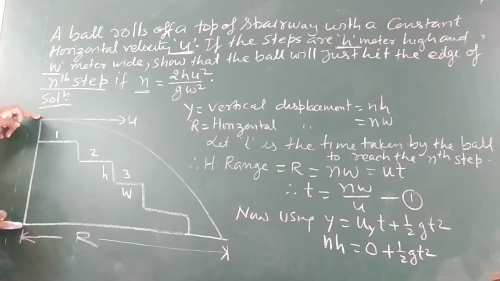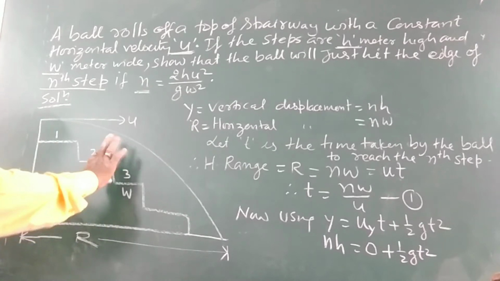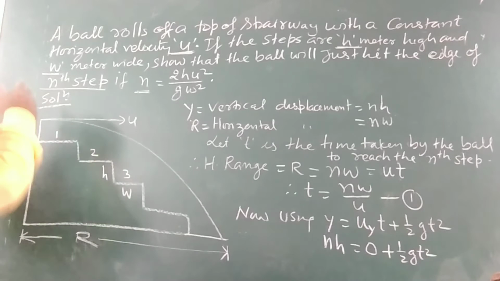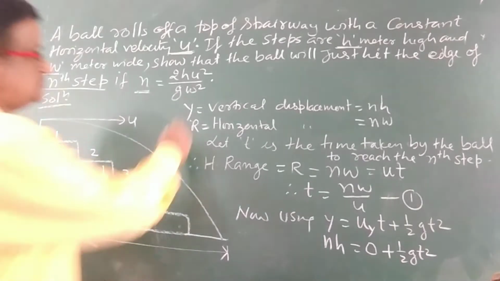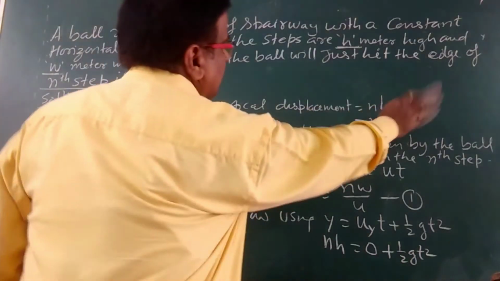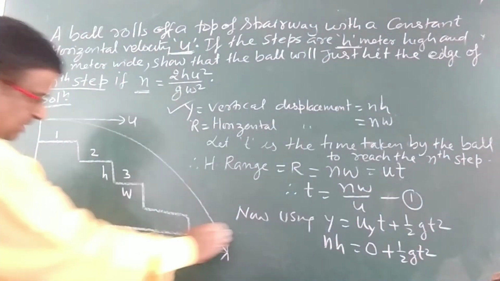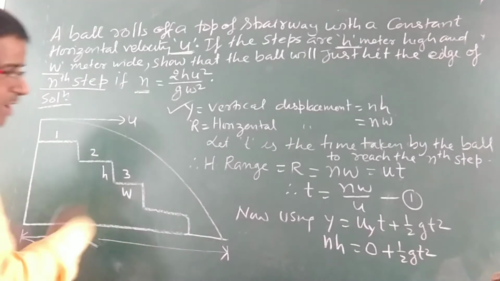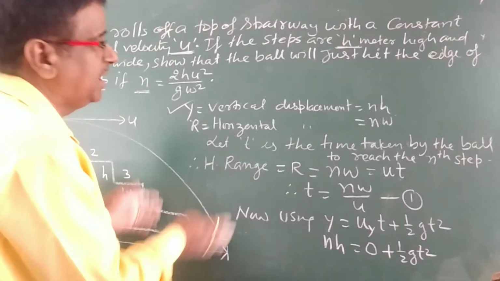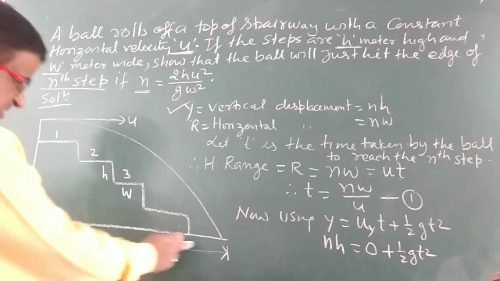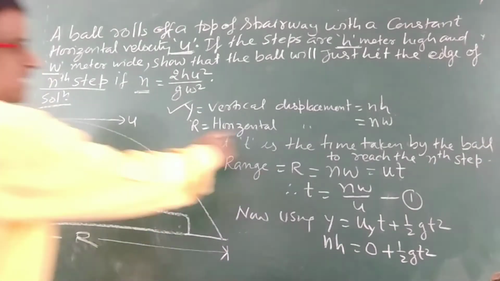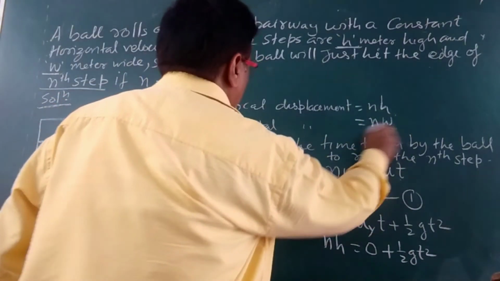If we take the number of stairs as n, then the height of one is h, so the vertical distance along the y direction is nh. Similarly, along the horizontal direction, as the width is w and the number of stairs is n, the horizontal displacement will be nw.